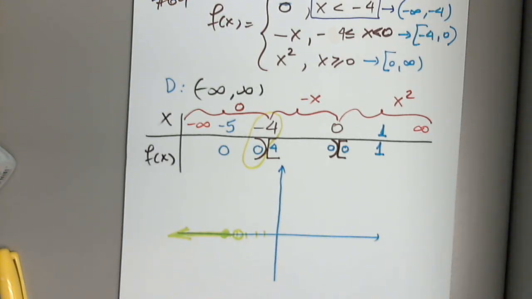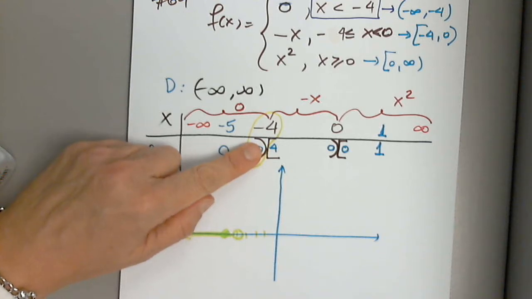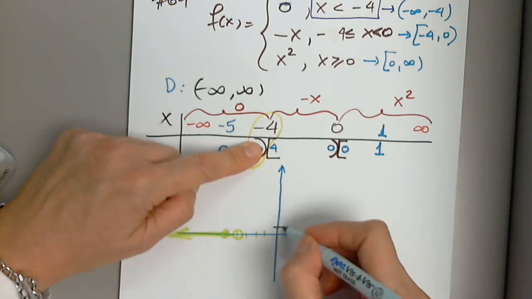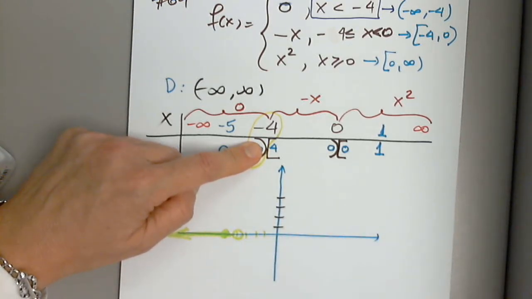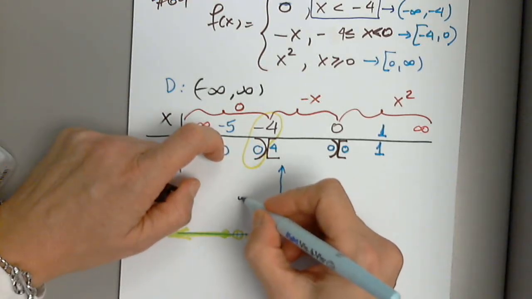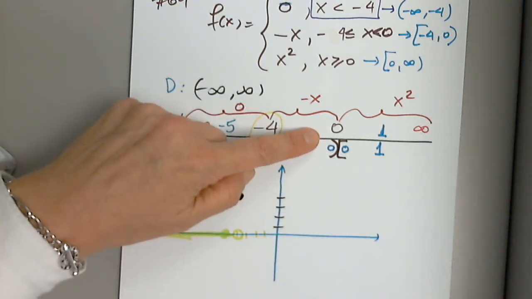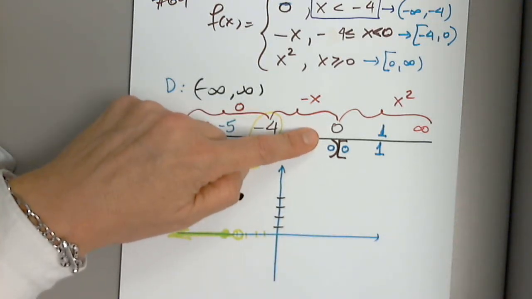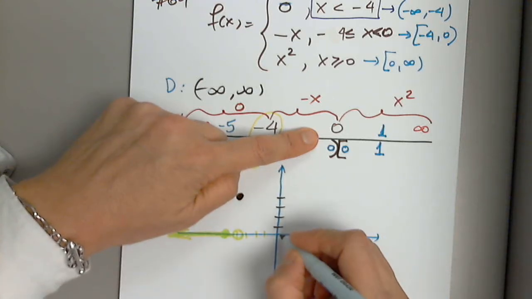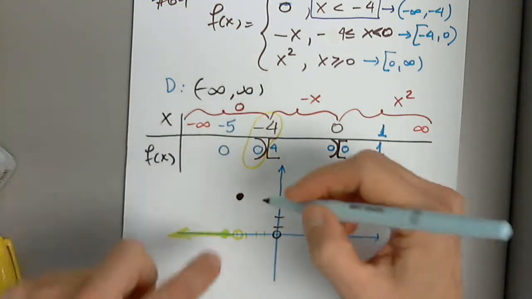Moving on. The next ordered pair, please. Very good, awesome. What type of point is this? Very good. Closed or full point, same thing. Perfect. The next ordered pair. 0, 0. What type of point will this be? Very good.